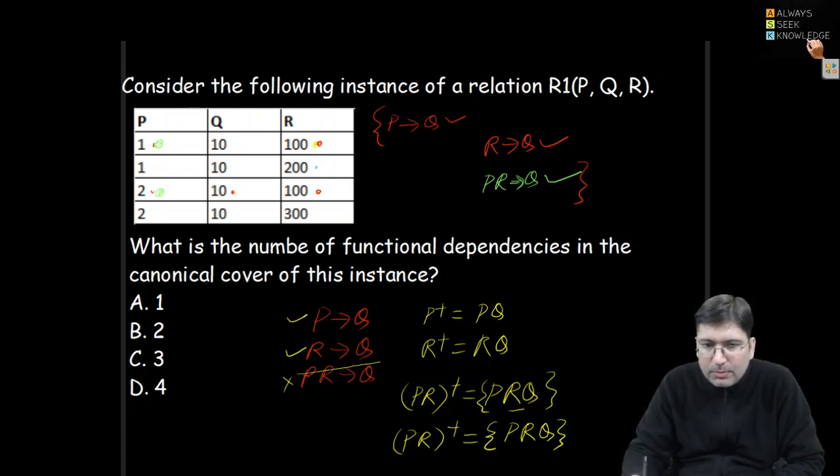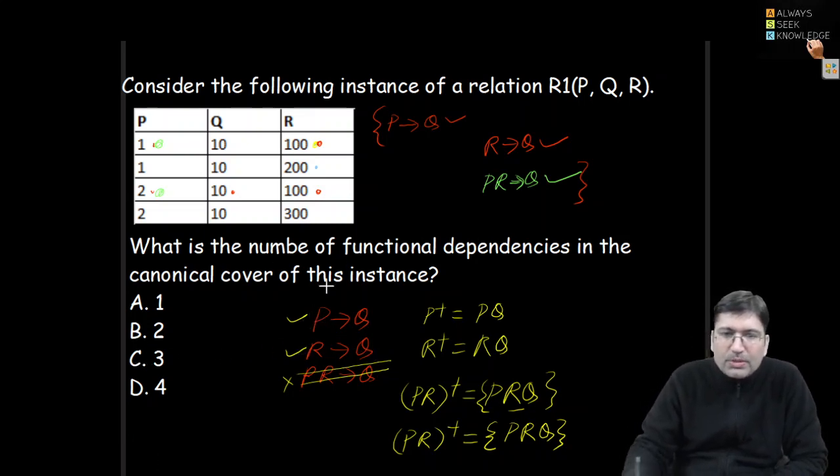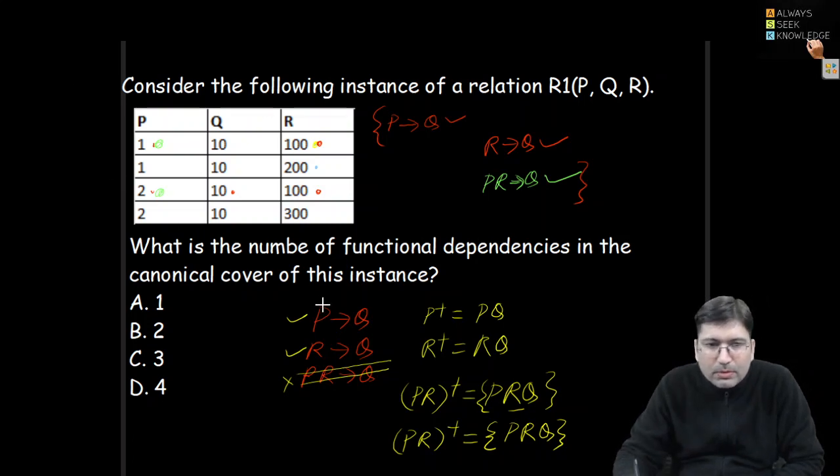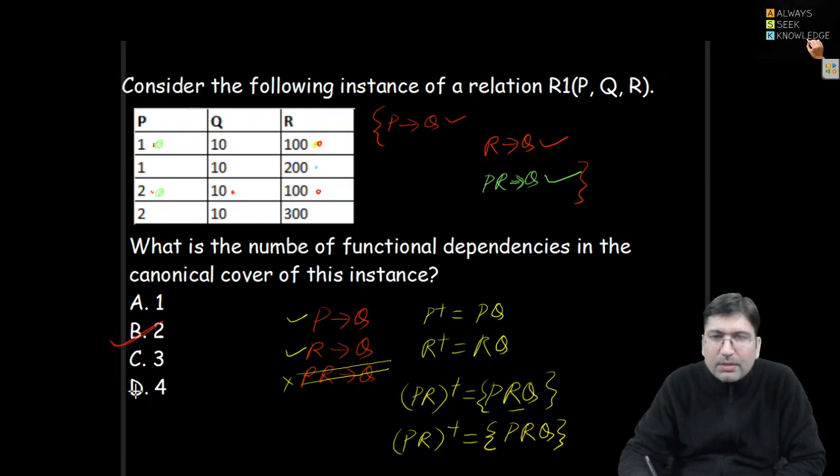So this rule will be considered redundant. You can remove that. So the canonical cover will have only two functional dependencies, P implies Q and R implies Q. They are asking for the total number of functional dependencies, so the answer is two.